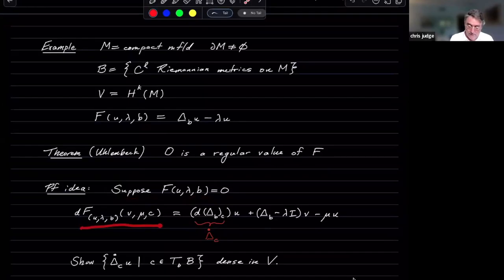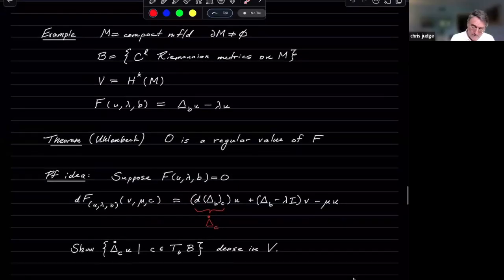Well, we compute the differential just as before using the product rule. And this is what we had before when we didn't have a b. The new thing is this part. That's the new b part. We have to differentiate delta_b in the direction c. C is sort of the direction in which you're perturbing your Riemannian metric.